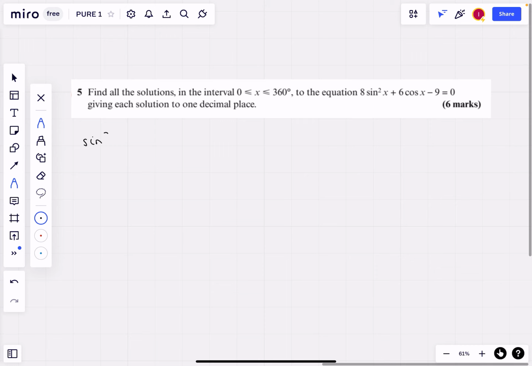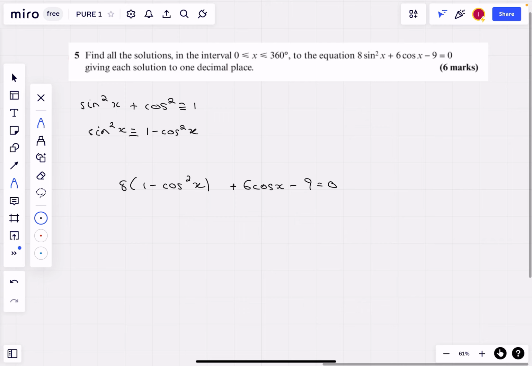So we use the identity and find a substitute for sine squared. Like that. And now we sub that back in. Like this. And now you expand, you simplify, you do what you need to do, and you reach that step.